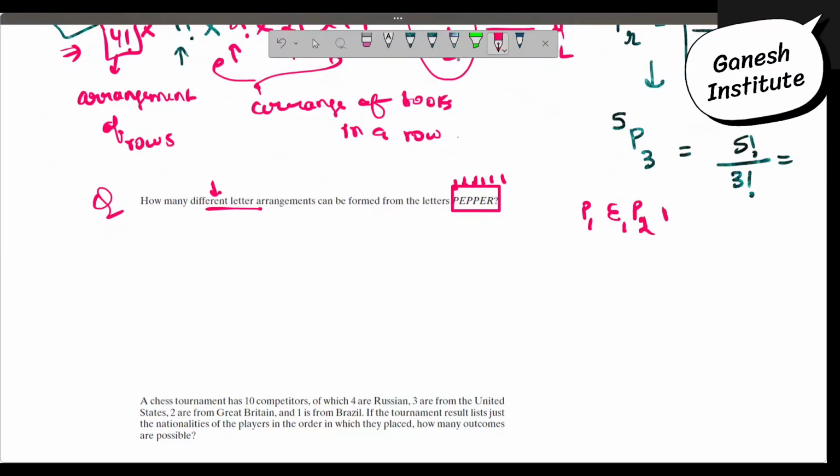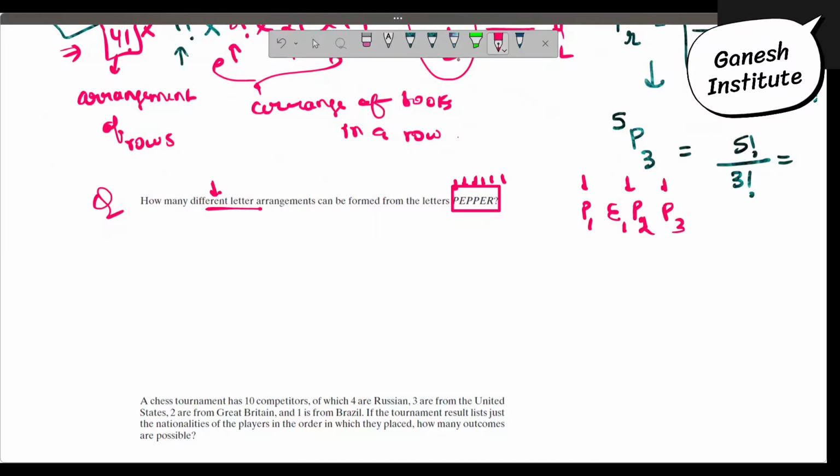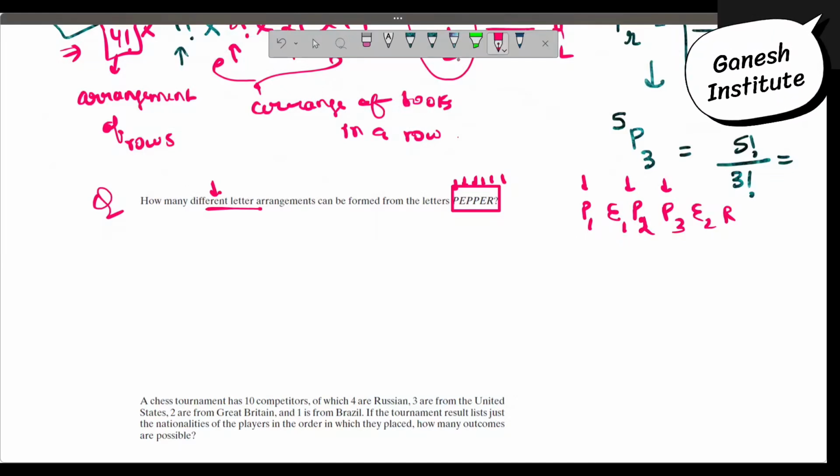So I need to write it this way: P1, P2, P3, E1, E2, and R, right? Then every person must be having a different sort of arrangement, which would be 6 factorial, right?